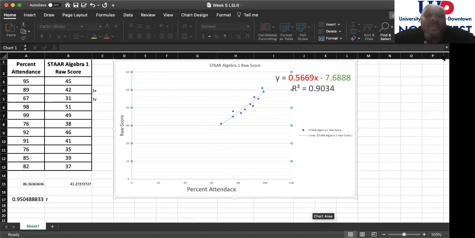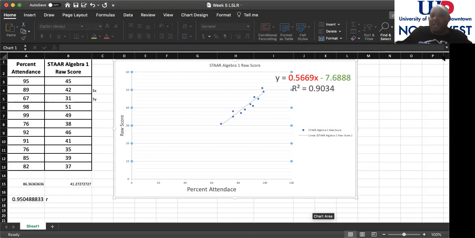Slope is one of the most important interpretations in all of statistics, because it is an on average interpretation. So we should add the words on average: on average, for every 1% increase in attendance, there is a 0.5669 increase in raw score. That's what we say there, all right?